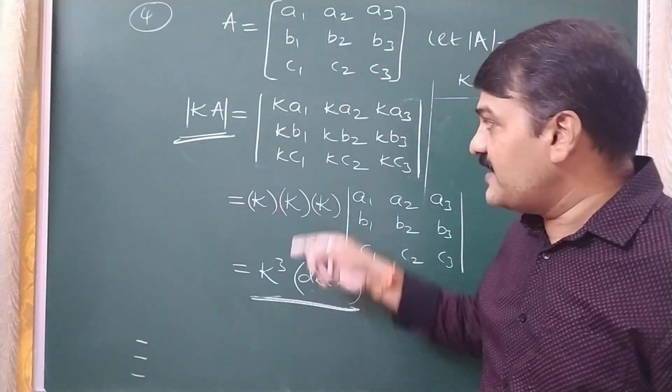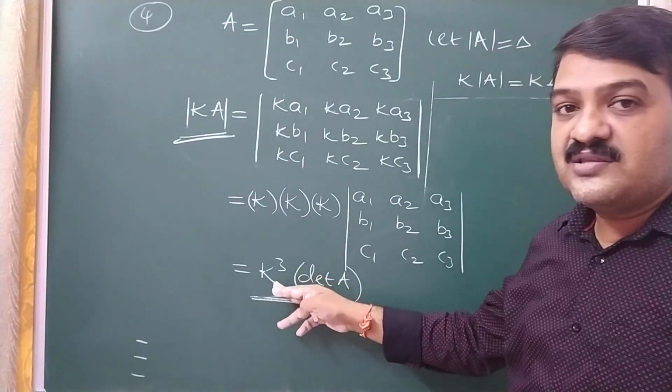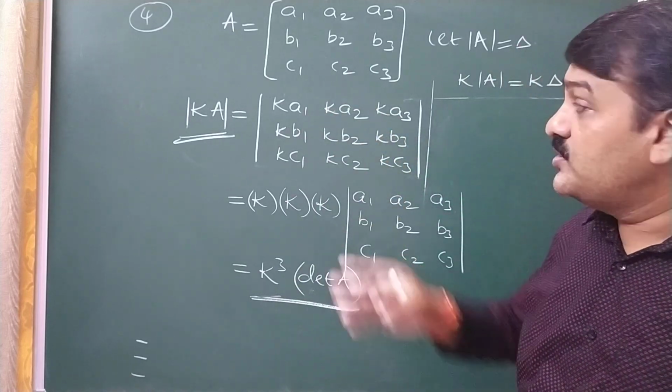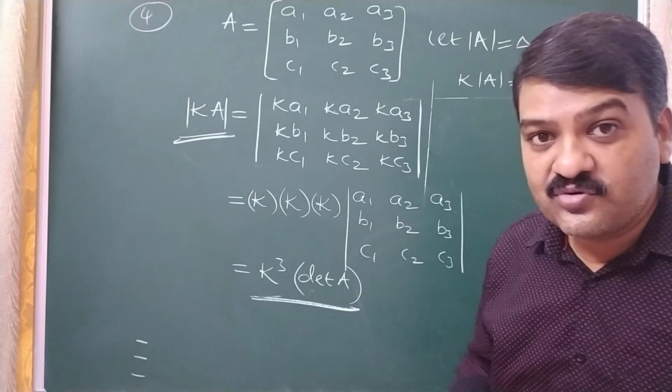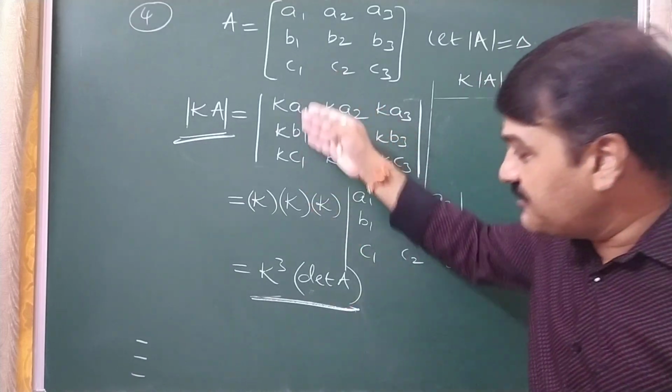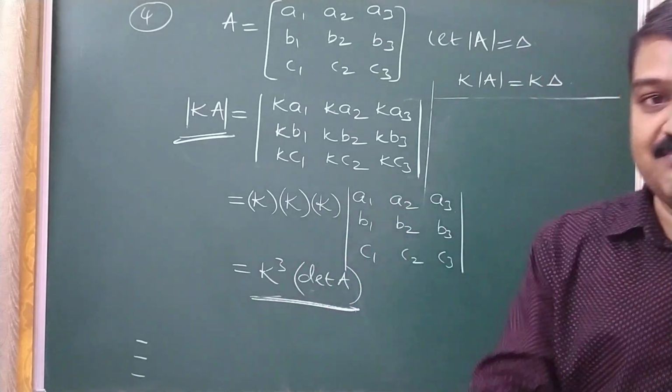So since we have 3 rows, we got 3 Ks. If you have 4 rows, you would have got K power 4 here. That means how many rows are there, that many Ks you can take common.